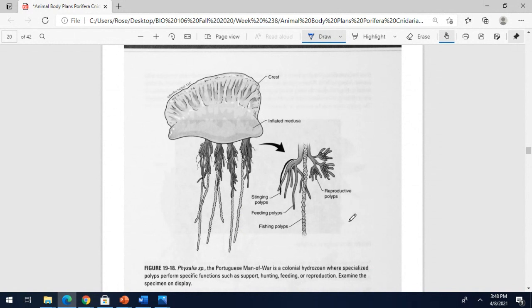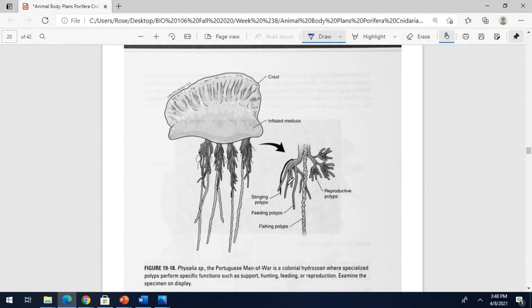So these are the different types of polyps in this colony of the Portuguese man-of-war. All right, and they have different functions that they have to provide to help it hunt, support itself, feed, and reproduce.